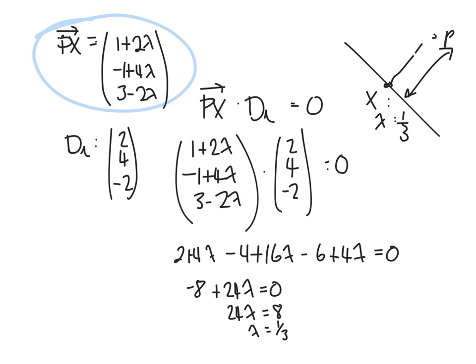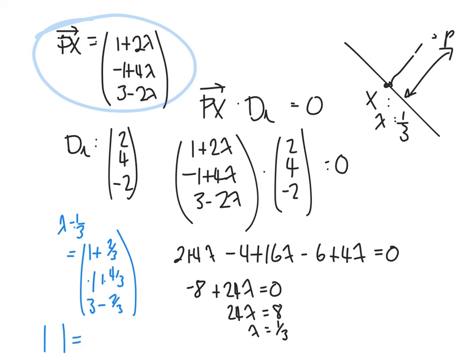So what I need to do now is substitute in lambda equals 1/3 into my equation for px, which would give me 1 plus 2/3, minus 1 plus 4/3, and 3 minus 2/3, and then find the magnitude of that vector, which is actually a nice-ish exact value, 5√3/3. And this is our shortest distance between a point and a line.